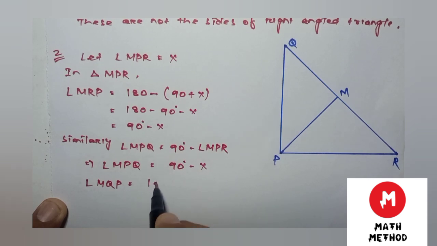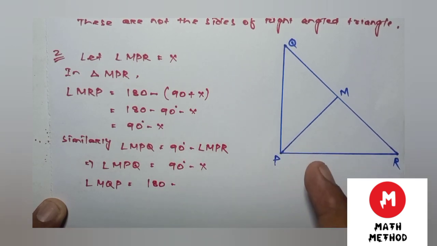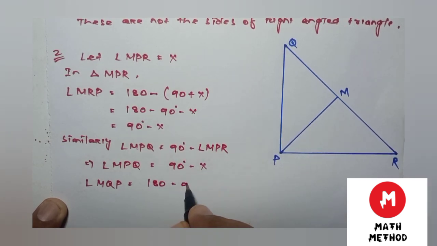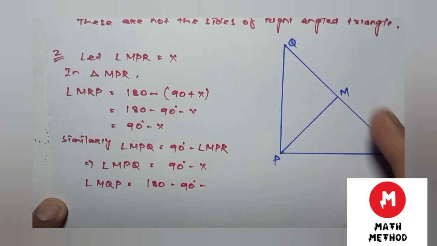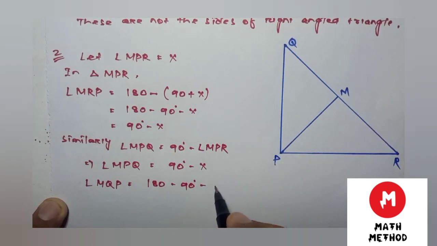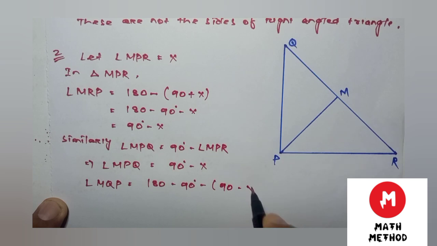So it is equal to 180 degrees. This is minus 90 degrees, minus, this is our 90 minus X, which is equal to angle MRP. So it is equal to 180 minus 90 minus X. Clear? Which equals 180 minus 90, which is 90.